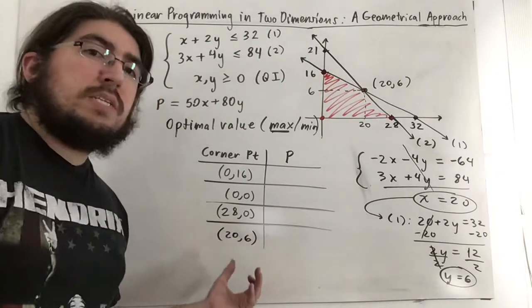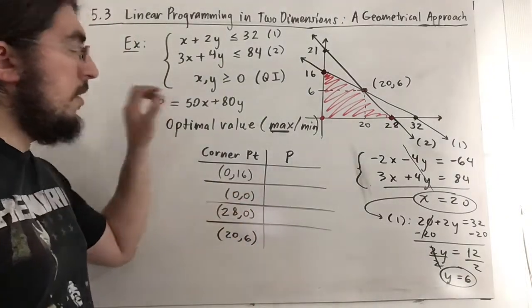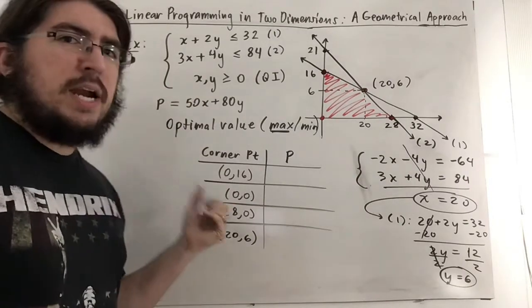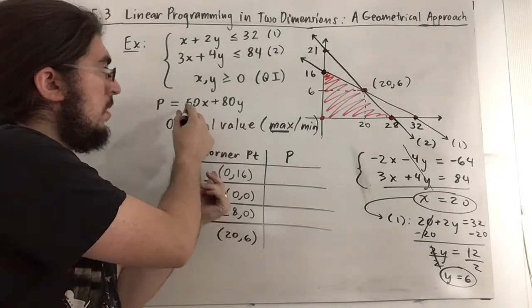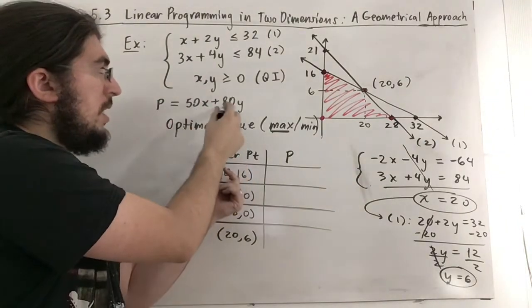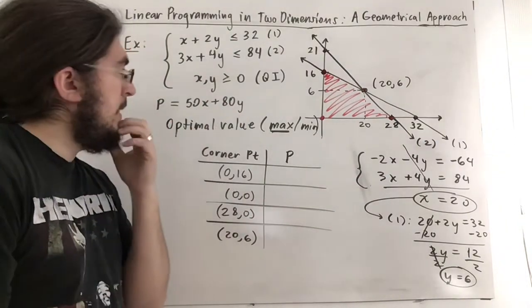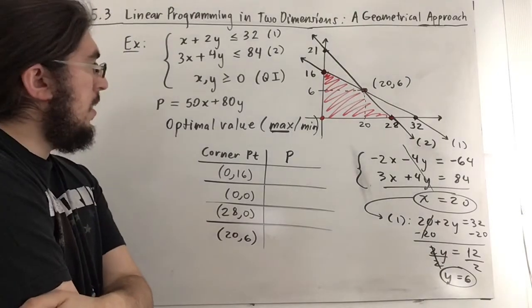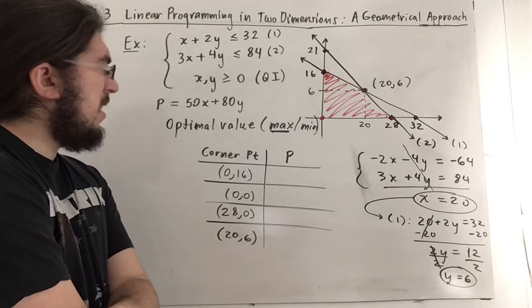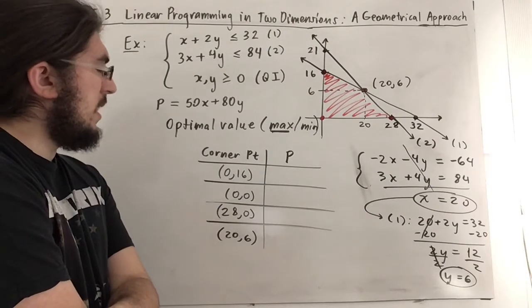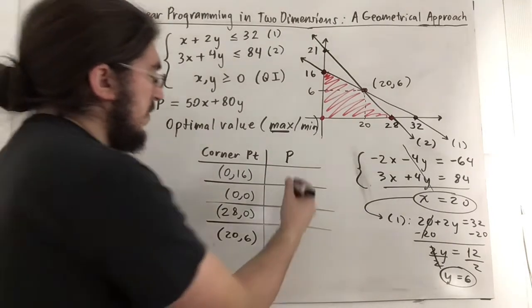And again, all we're going to do now is plug these into our objective function. So when x is 0, we get 0 plus, what's 80 times 16? Let me think about this for a second. I'm getting 1280.